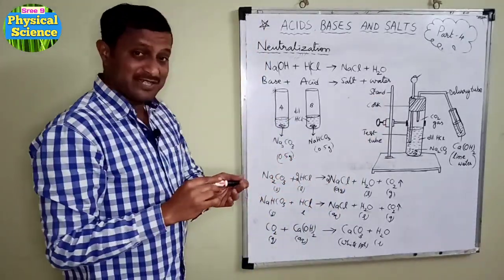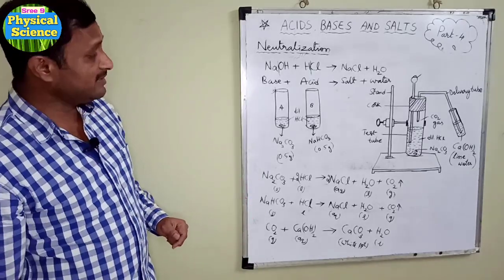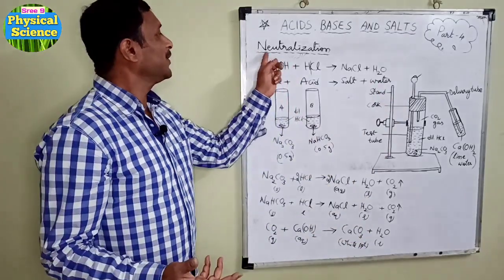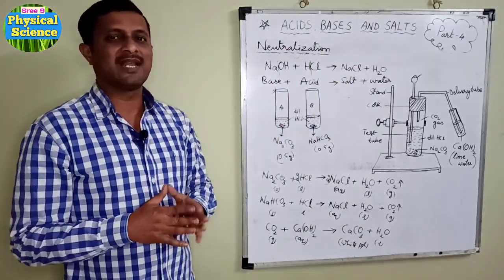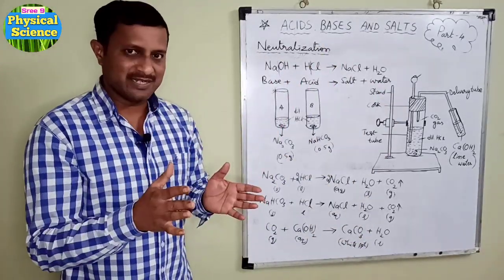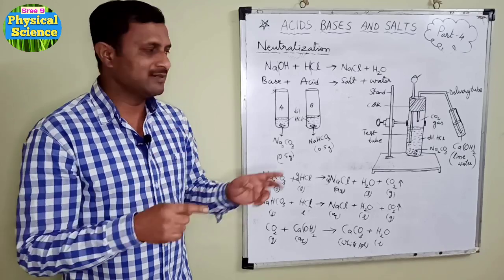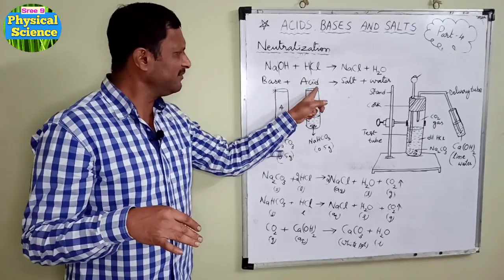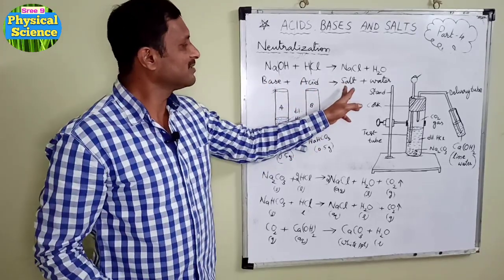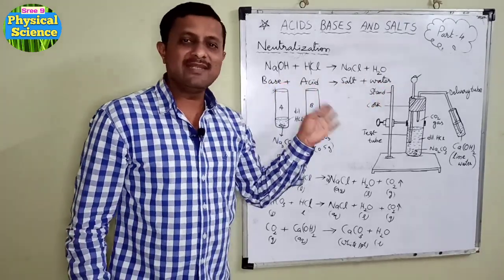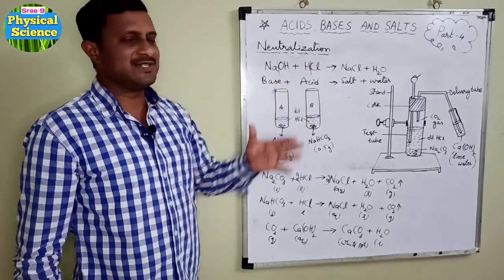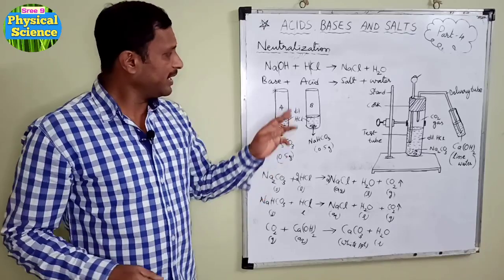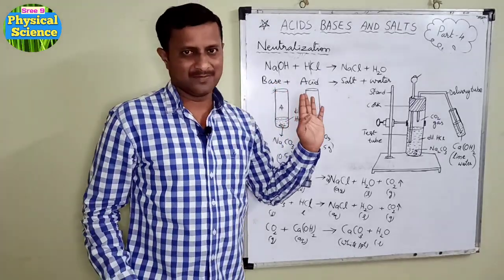So the reaction in which acid reacts with base to form salt and water is called a neutralization reaction. I repeat, the reaction in which acid reacts with base or base reacts with acid to form salt and water is called a neutralization reaction. Clear? Right. And this is the generalized form.